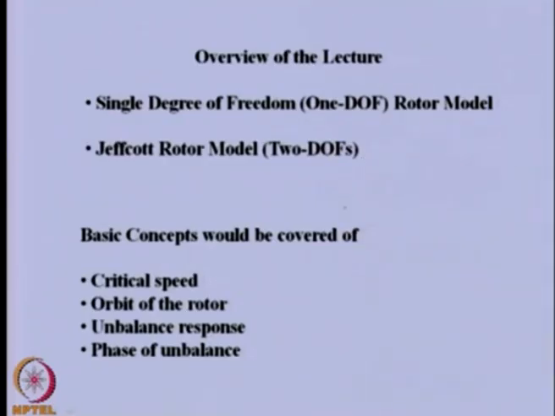Overall in this lecture we will see various concepts like critical speed, orbit of the rotor, unbalance response, and phase of the unbalance. With this, let us take one single degree of freedom rotor model in which, let us say, there is a rigid shaft and a heavy disc on it, and this rotor is supported on flexible bearings having stiffness Kb.